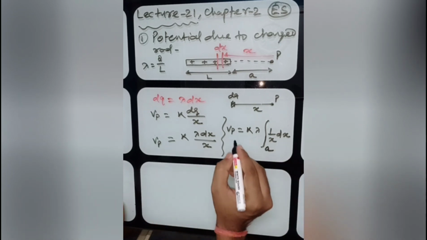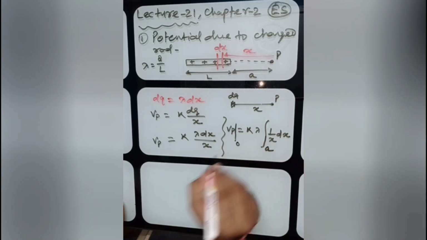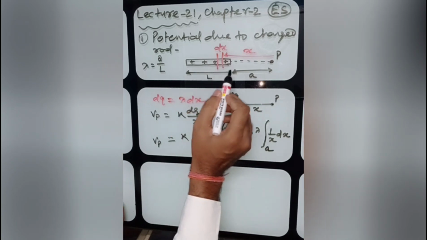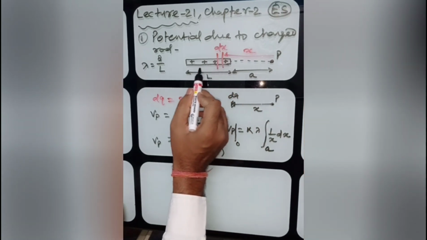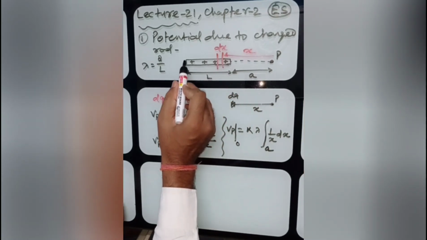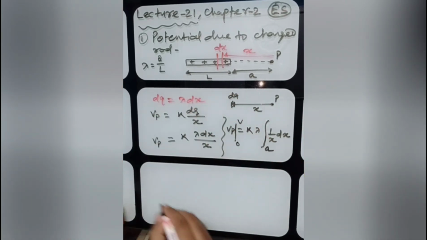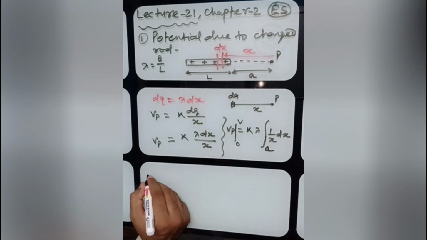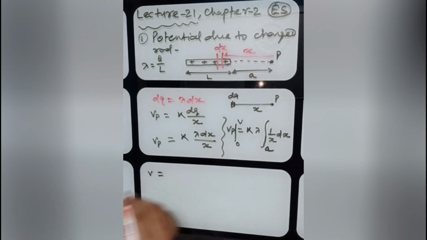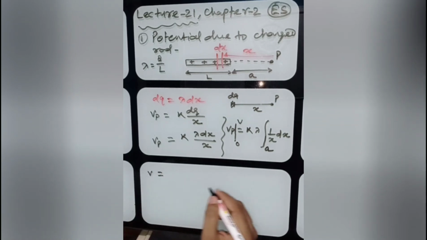At A the potential will be how much? It will be 0. But as you move from A to A plus L, you get the total rod and the potential will be maximum, which you have to find out. So, my dear students, V minus 0 will be V after putting the limits.